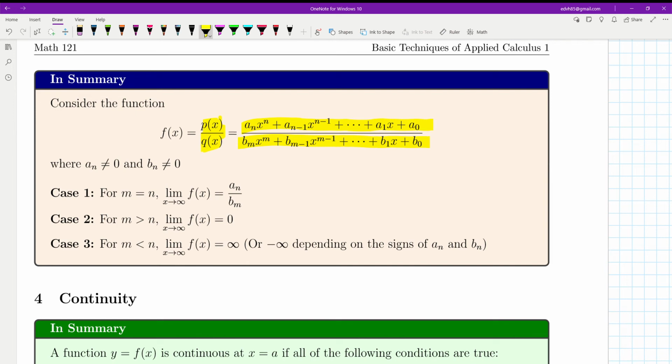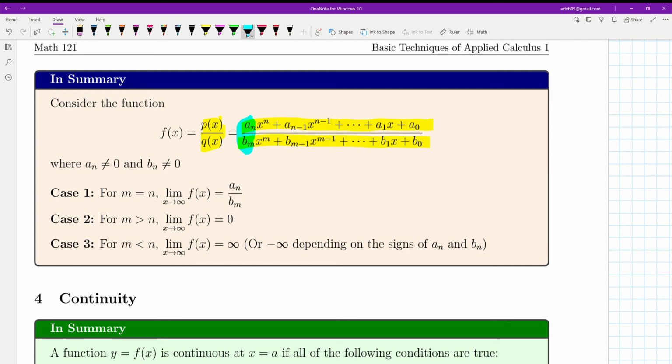And well, when you have polynomial over polynomial functions, all you have to do, case one, look at the leading coefficients, a sub n and b sub n.